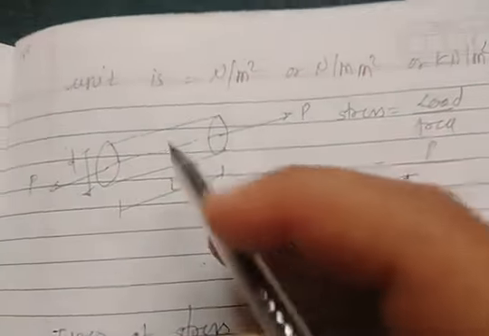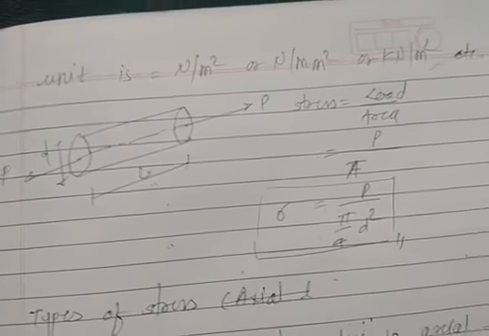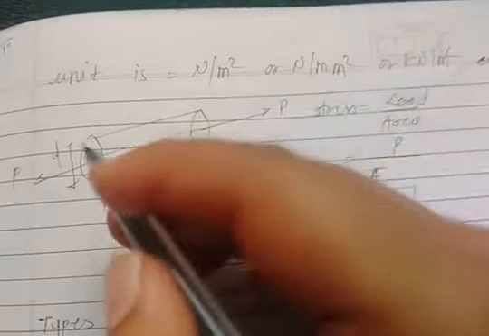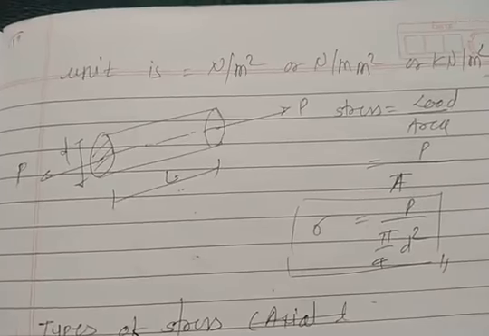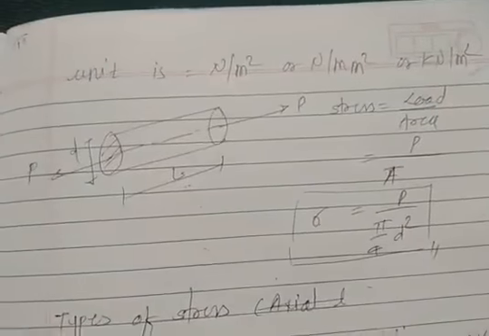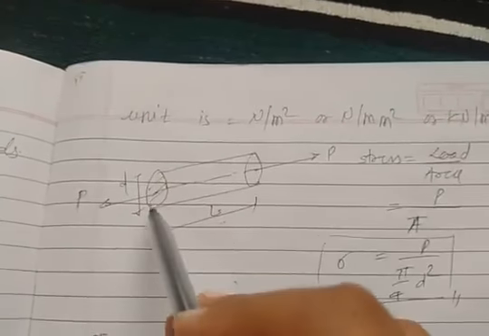Suppose I take another example for stress. Here I consider a rod having length L and diameter D. In this case stress is calculated as load upon area, P upon A. But what is the area in this case?